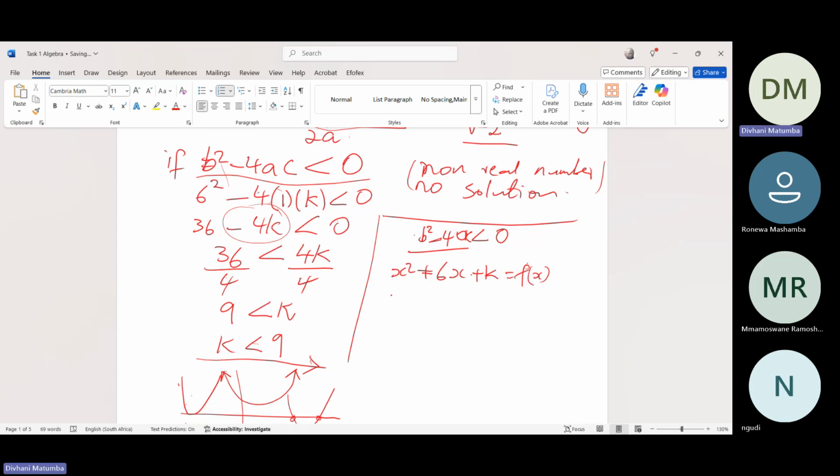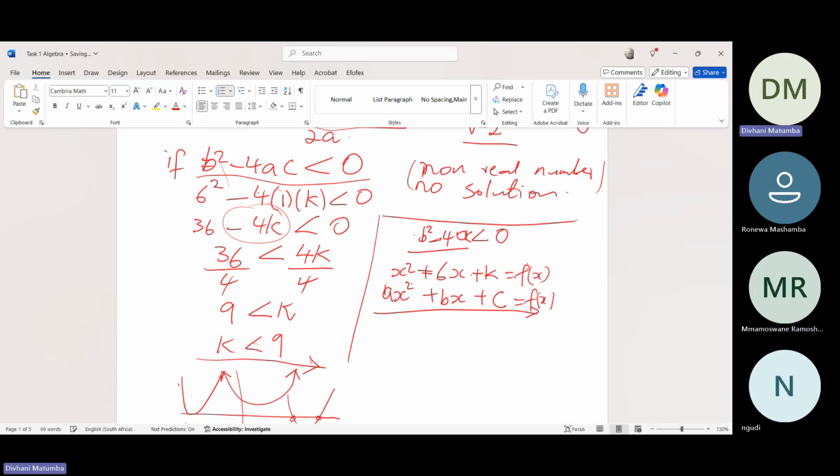Mam Swane, what is the standard form of a quadratic formula? Do you agree? Yes, sir. This is the standard form.